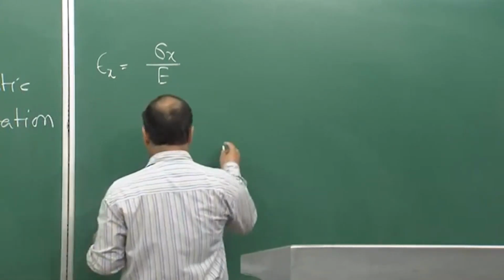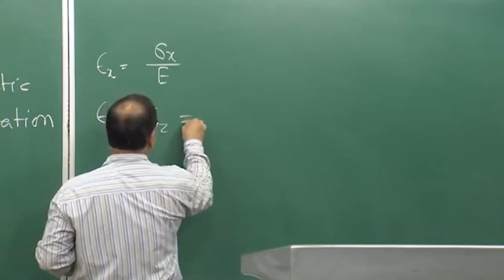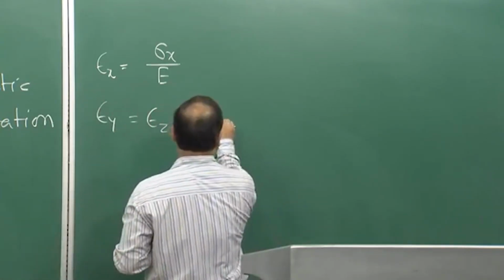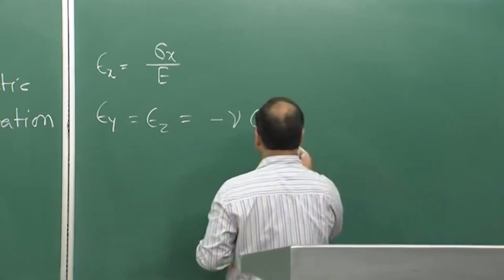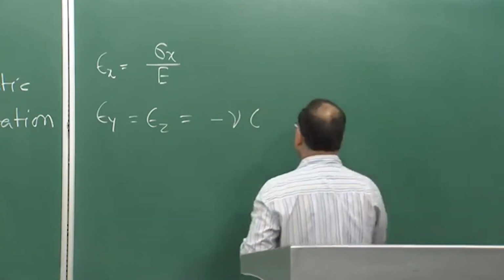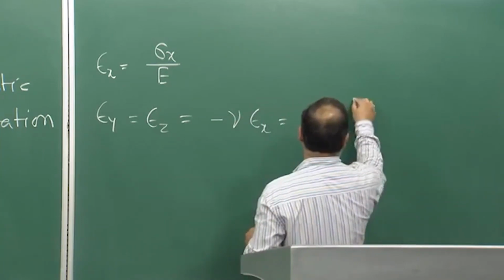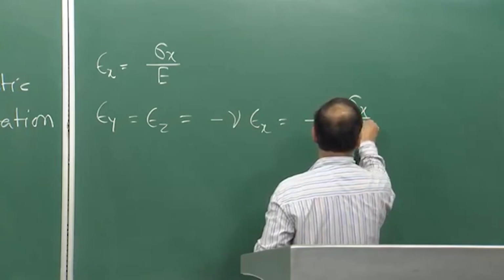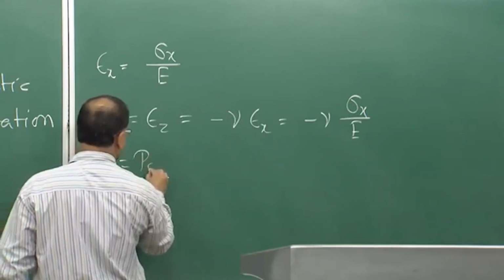Similarly, I can get epsilon y equal to epsilon z is nu times epsilon x, which is nothing but nu times sigma x by E, where nu is your Poisson's ratio, you know that.